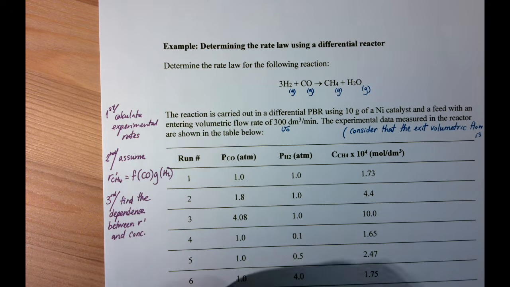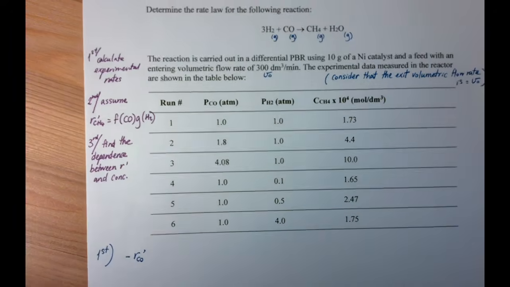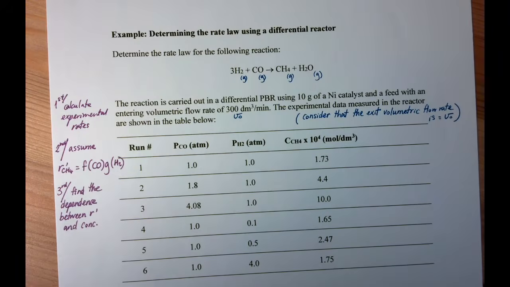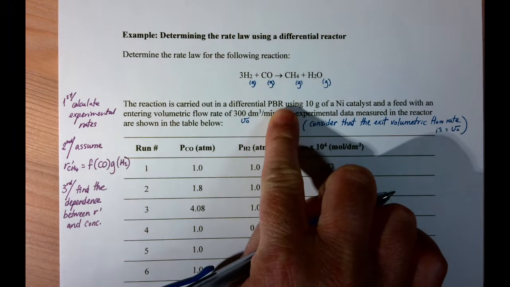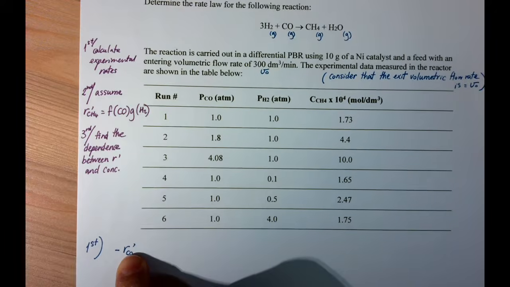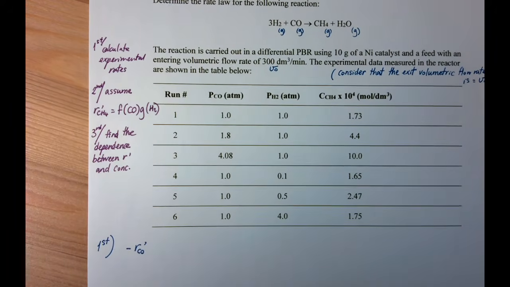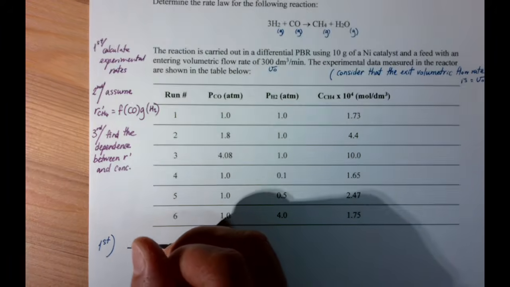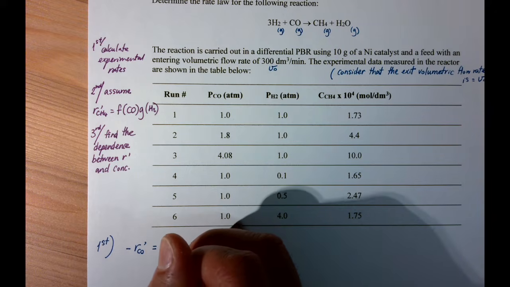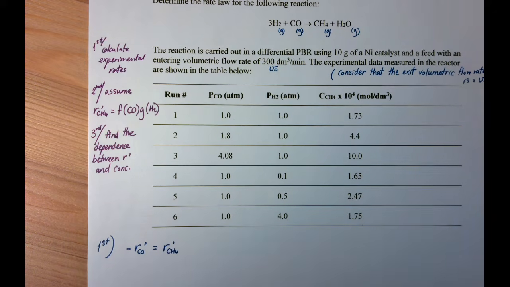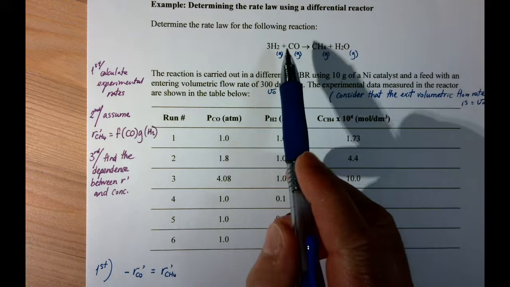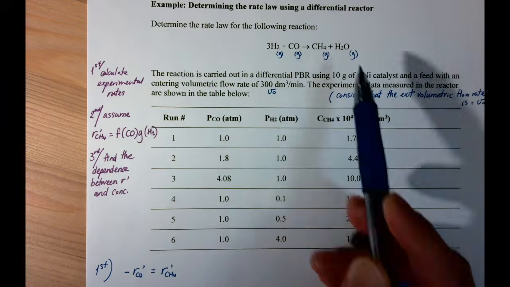So first, the rate of disappearance of CO prime, we're going to not assume. We know that we're in a packed bed reactor, so we're going to use the rate in terms of R prime. The rate of disappearance of CO is going to be equal to the rate of generation of methane. Why? Because it's a stoichiometry of 1 to 1. Okay?